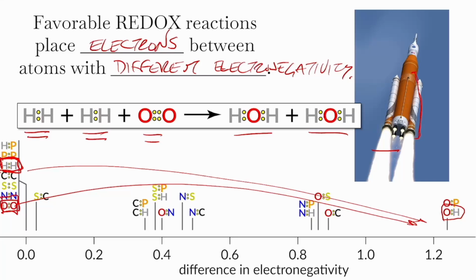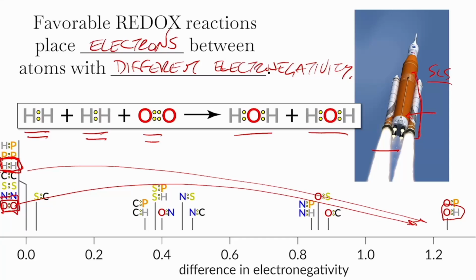Huge difference in the electronegativity between the atoms now. It's extremely exothermic, so exothermic that it's the reaction used to power the main stage of NASA's SLS rocket. Extraordinarily energetically favorable, all because we're moving electrons from hanging out between atoms with the same electronegativity to being between atoms with different electronegativity.